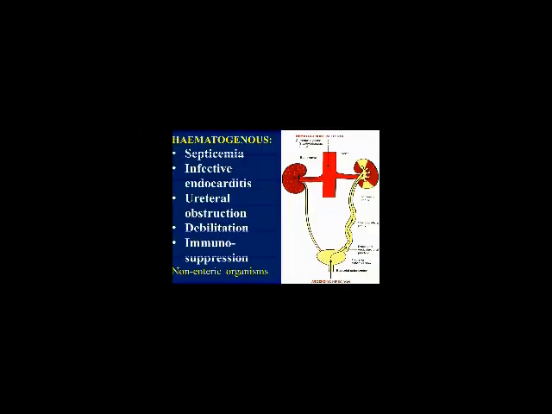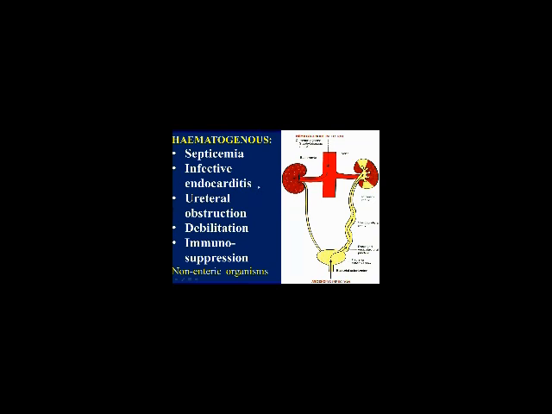Now, hematogenous spread occurs whenever there is septicemia. So if there is blood-borne infection, the organisms will seed the kidney and produce pyelonephritis. Sometimes in infective endocarditis, when there is localized infection of the cardiac valves, septic thrombi will be shed and get deposited in the kidney and can produce pyelonephritis.